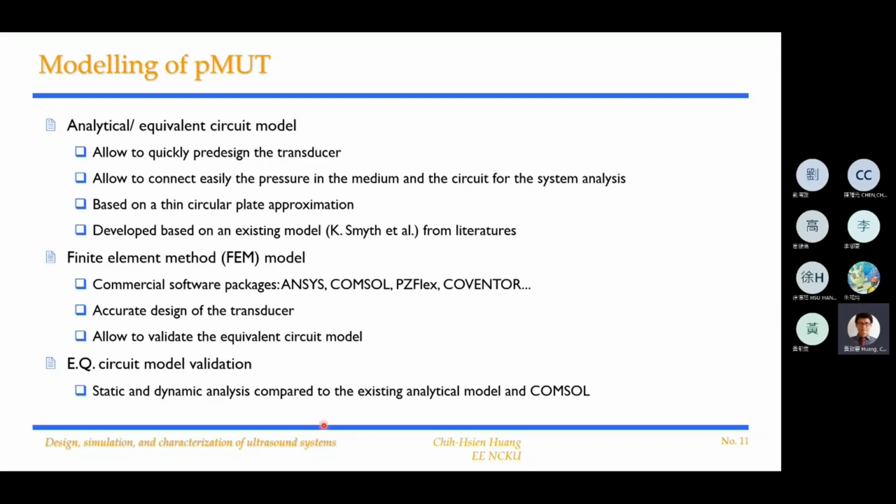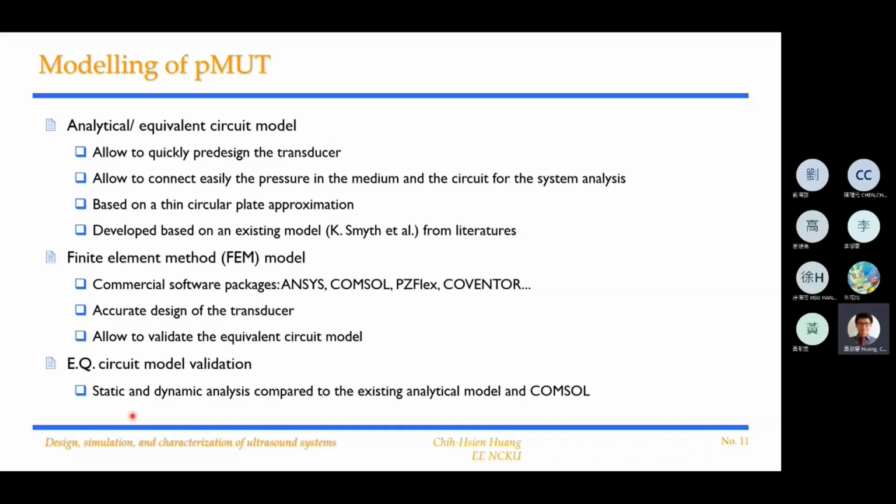The other way is to characterize the devices. Here we will introduce how to use COMSOL to characterize our equivalent circuit model.